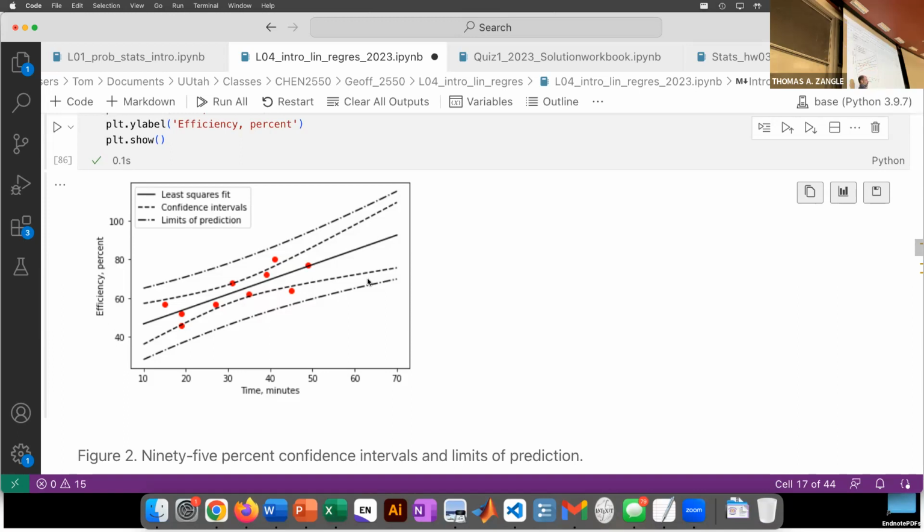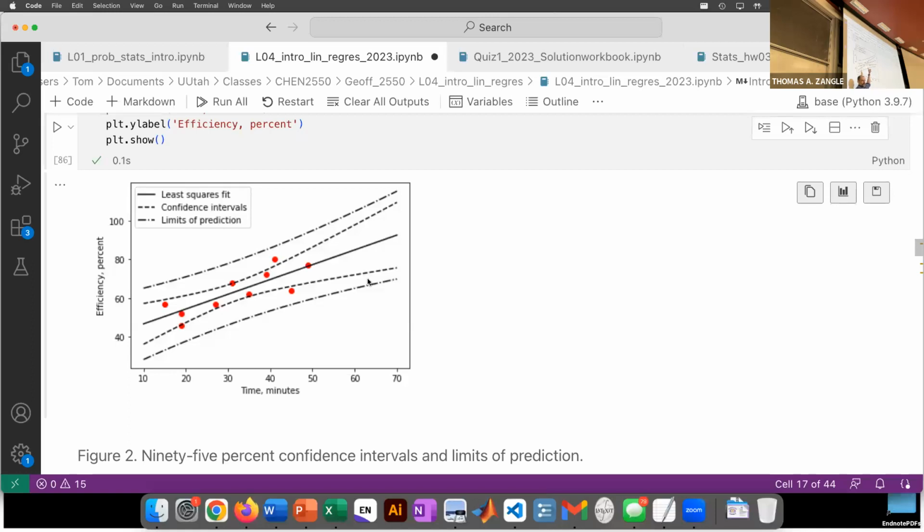Okay. Now let's focus on the 25-minute point here. And now I want to know, what range of values would you expect to see if you run this experiment multiple times, right? You run an experiment at 25 minutes of extraction time over and over again. I want you to find the range of values that you expect to see at 25 minutes. Are you going to use the solid line?